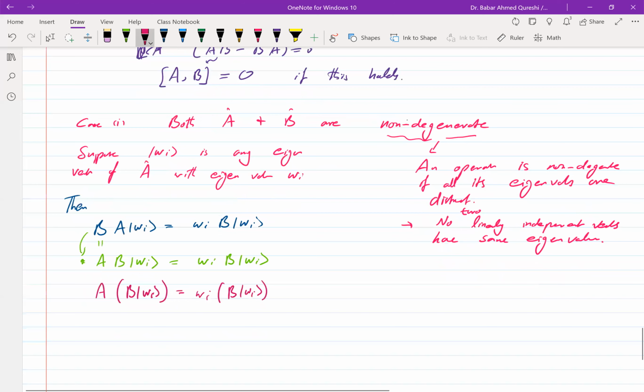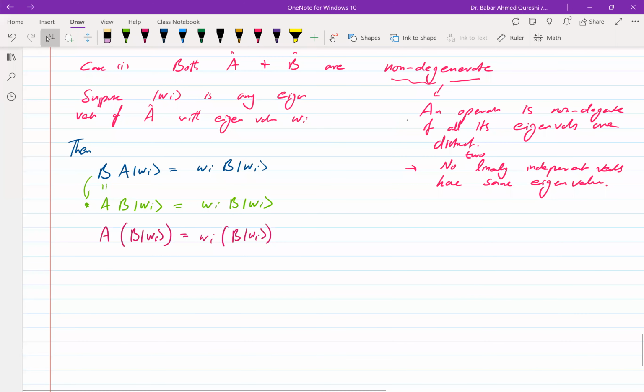But since Wi is non-degenerate, a non-repeated eigenvalue, well, you also call eigenvalues non-degenerate if they are not repeated. An operator can have some single eigenvalues and some repeated eigenvalues.